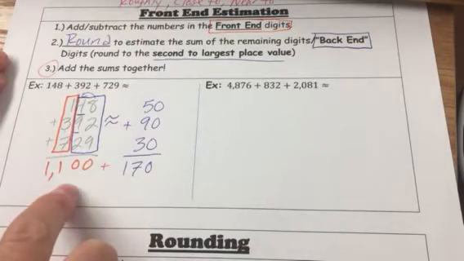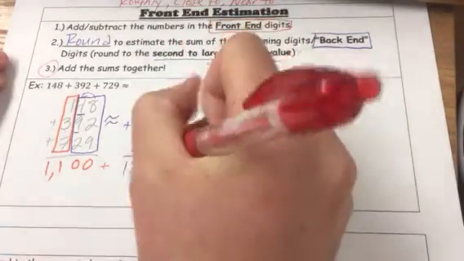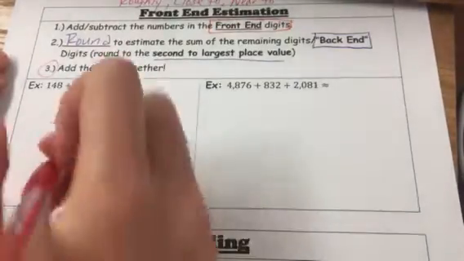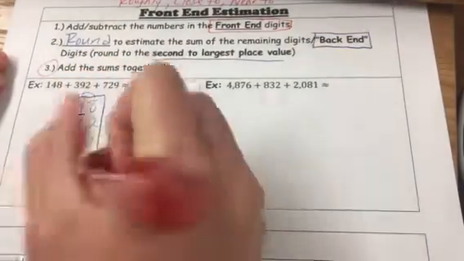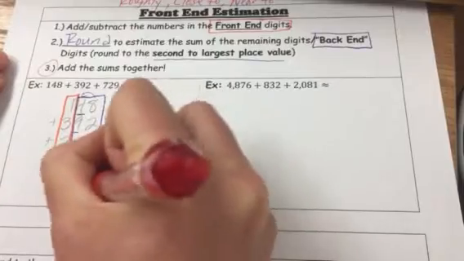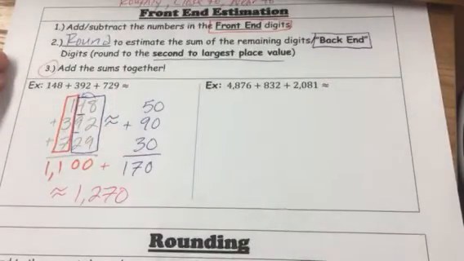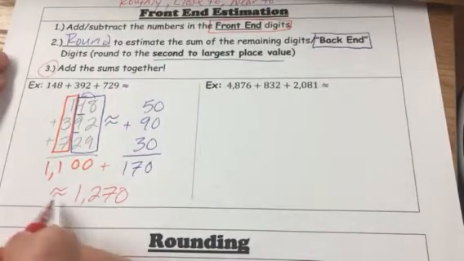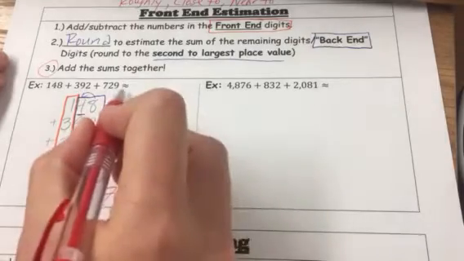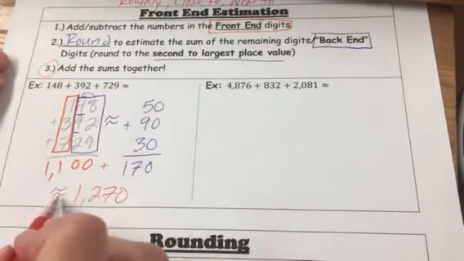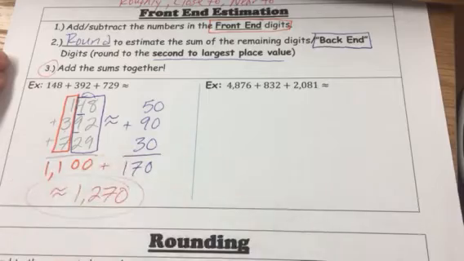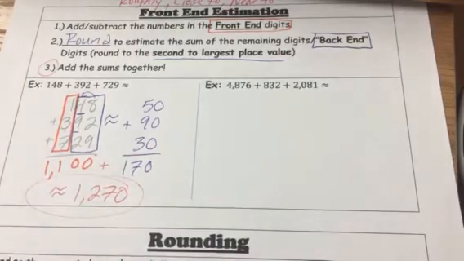I'm going to go ahead and do this mentally. And I'm just going to work off to the side. So we know that these two numbers will add up to approximately 1,270. And notice how I use my approximation symbol, because that is not the exact sum, it is simply an approximation.